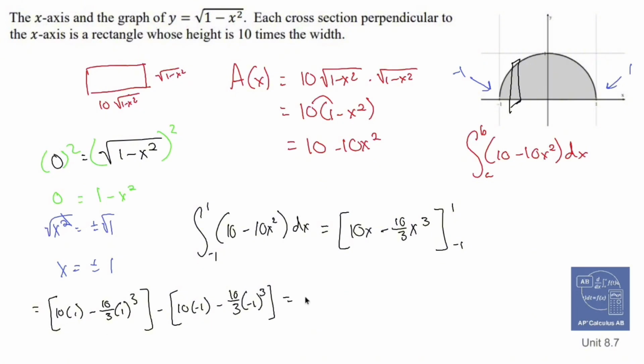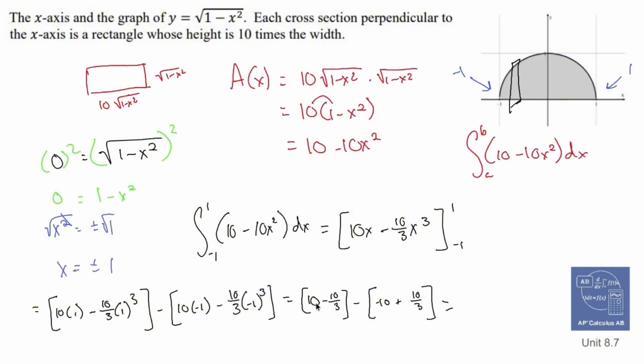Okay, 10 minus 1 cubed is 1, so minus 10 thirds, minus negative 10 plus, and the reason it's going to be plus is the cube of negative 1 is still negative 1, so negative 10 thirds times negative 1 is positive 10 thirds.